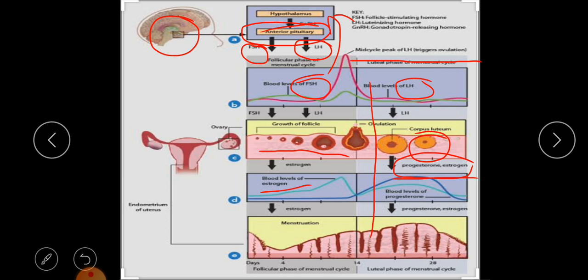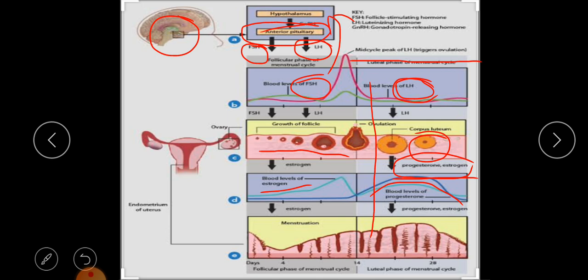And also here in the gonadotropin hormones, the FSH and LH level is completely decreased, and there is no secretion from the anterior pituitary gland. In the bloodstream, the progesterone hormone goes on increasing, along with the estrogen.